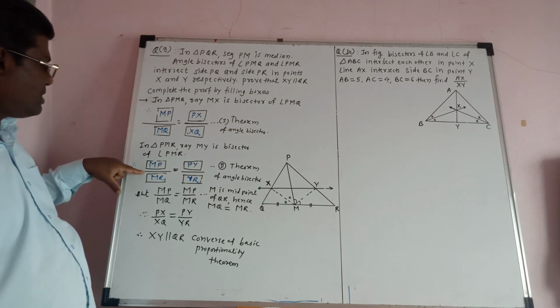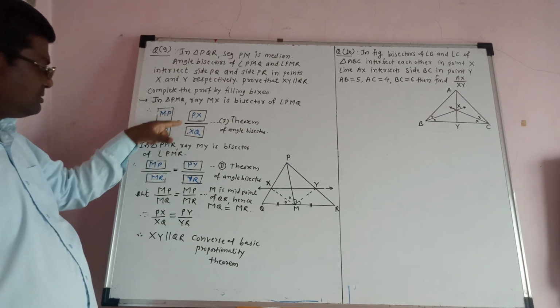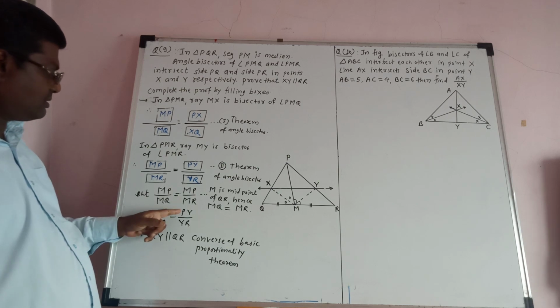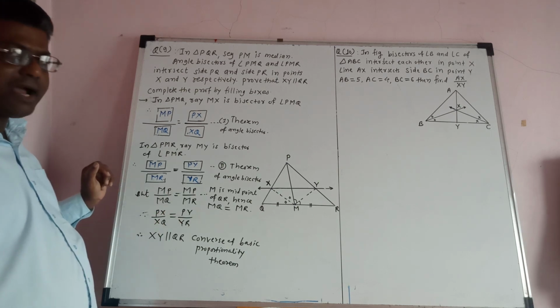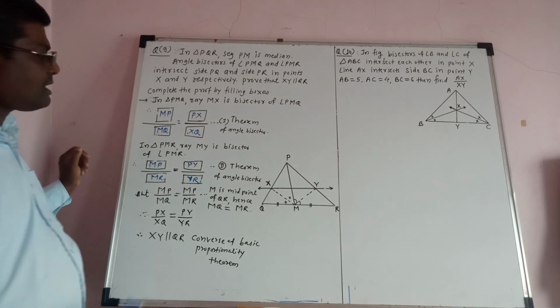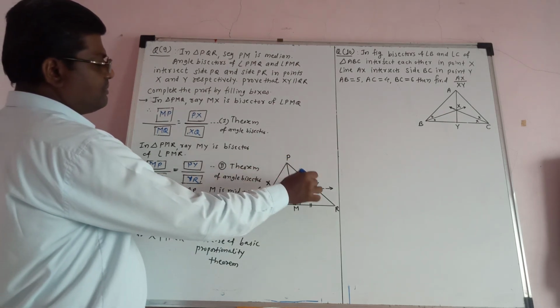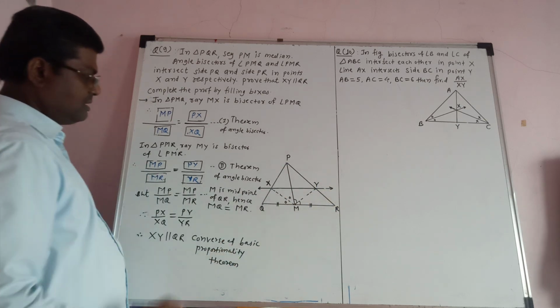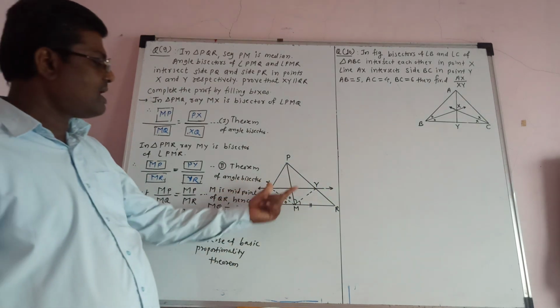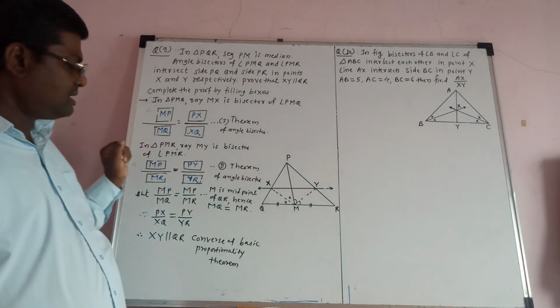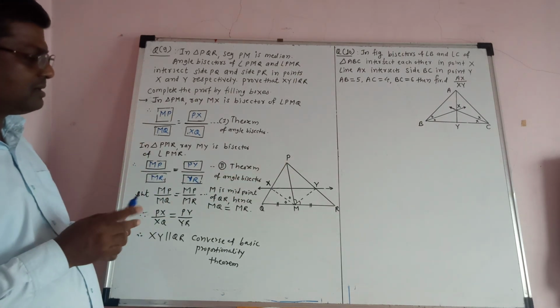But these two are equal, therefore PX upon XQ is equal to PY upon YR. Therefore XY is parallel to QR. Converse of basic proportionality theorem.